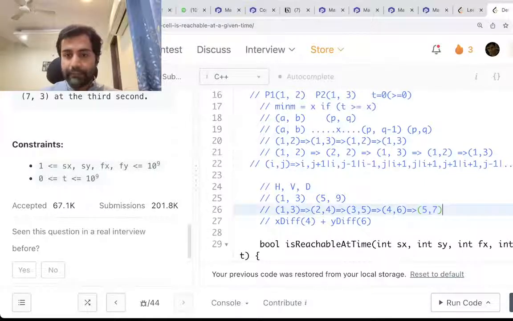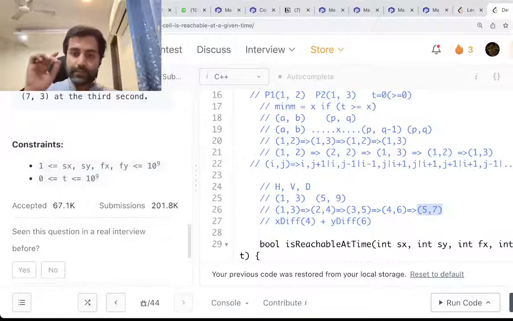And now you can see that (5, 7) and (5, 9) both have the same x coordinate. Because both of them have the same x coordinate, both of them are lying along the same vertical line. And that means (5, 9) is lying just on top of this.